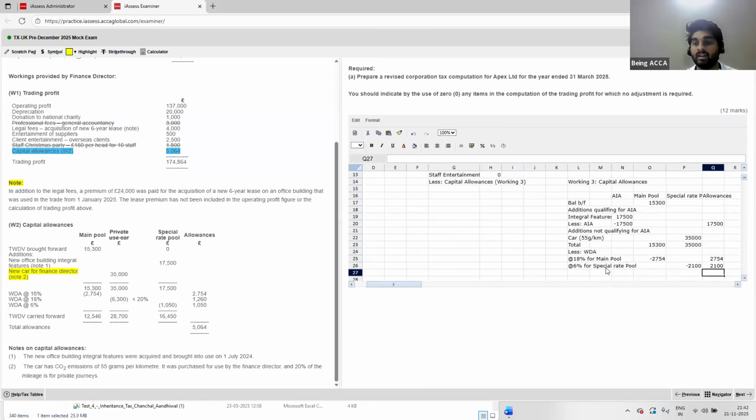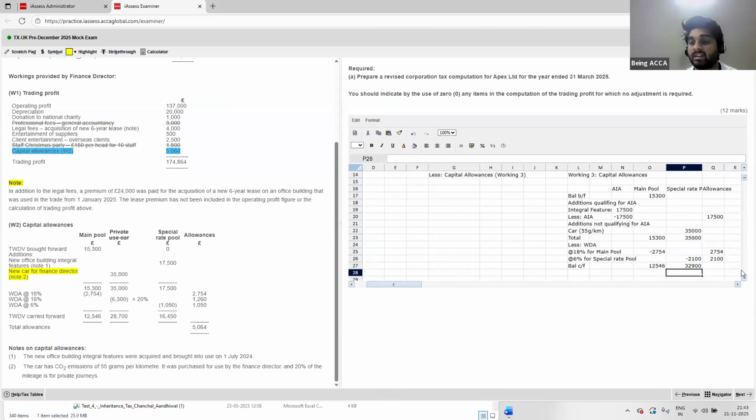And after taking that total from this, now we should include the balance carried forward. It should only be for the main pool and special rate pool. So it would be the net of the total value of each pool and the writing down allowance deduction.